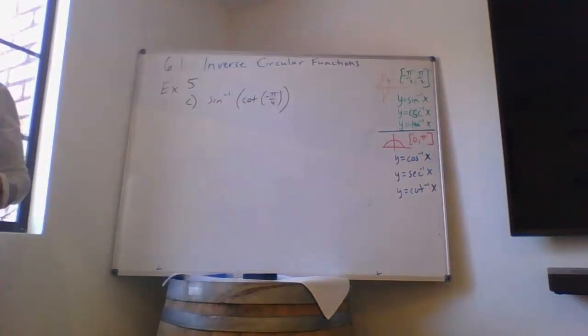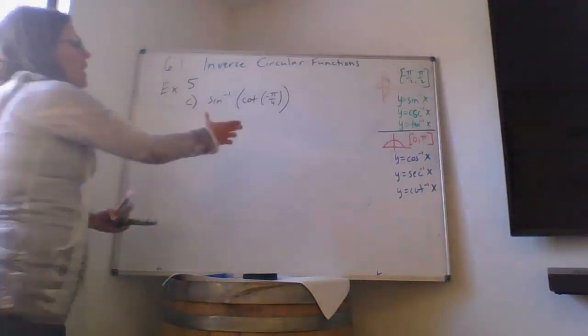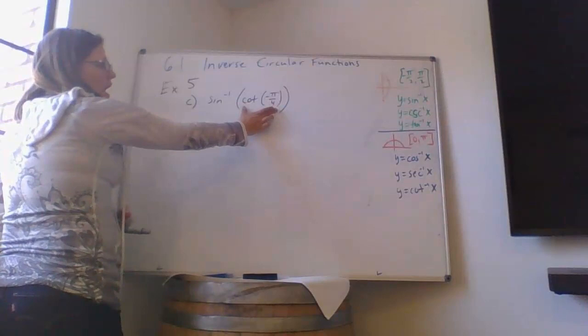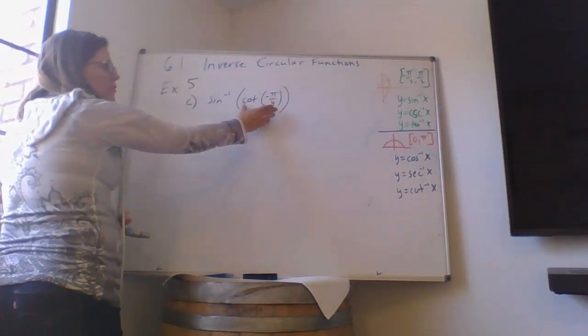I'm going to add example C, sine inverse of cotangent of -pi/4. So first you might notice inside we actually have just a regular function.